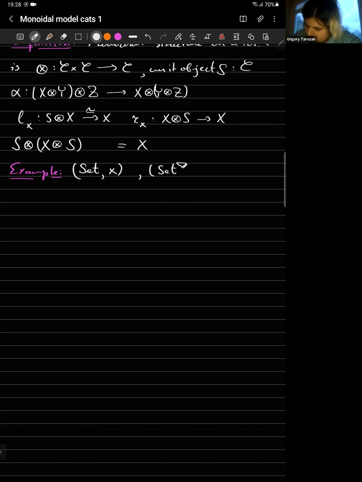We can consider simplicial sets also with the operation of taking product. Or we can consider, for example, category of modules over commutative ring R and operation of tensor product.